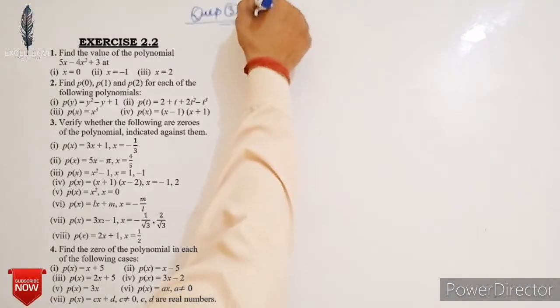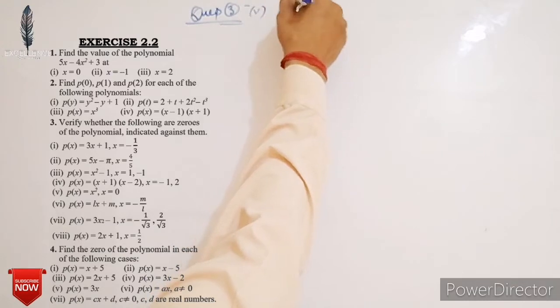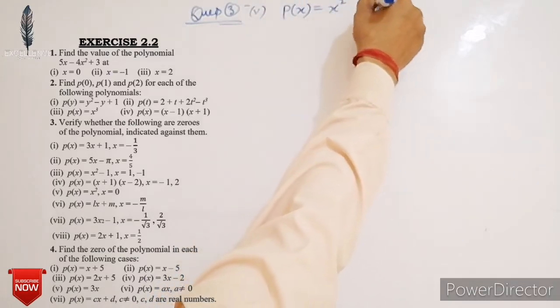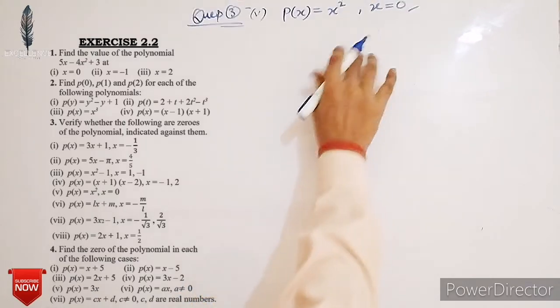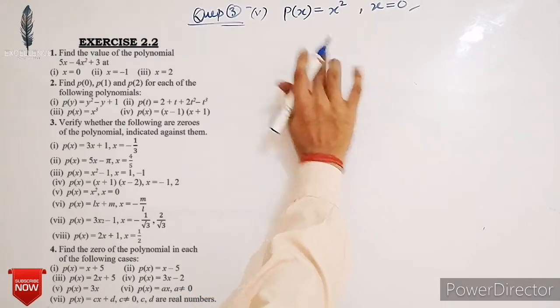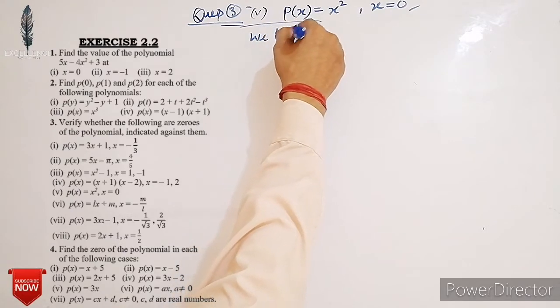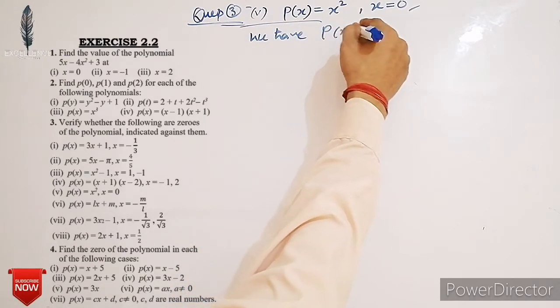Now next is p(x) = x square and x = 0. So here we have p(x) = x square.